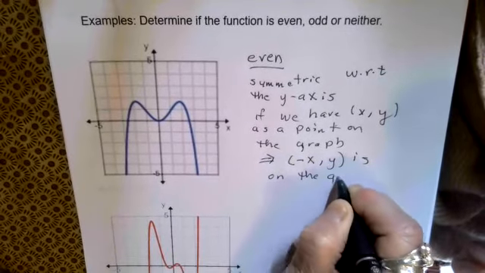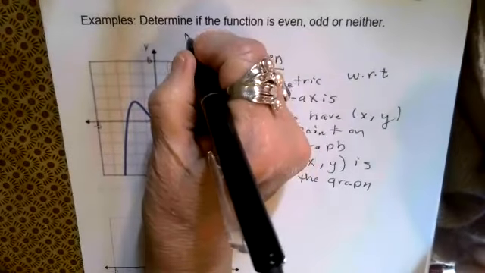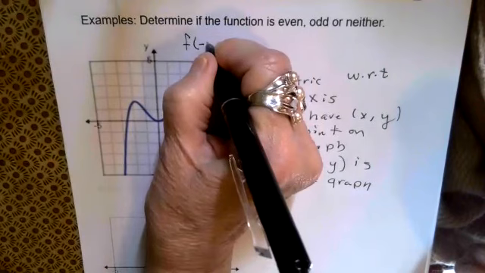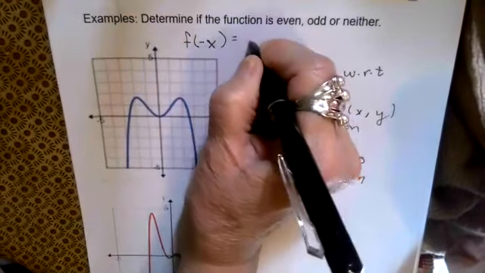Okay, and that's an even function. So what we're saying here is that f of negative x equals just f of x.